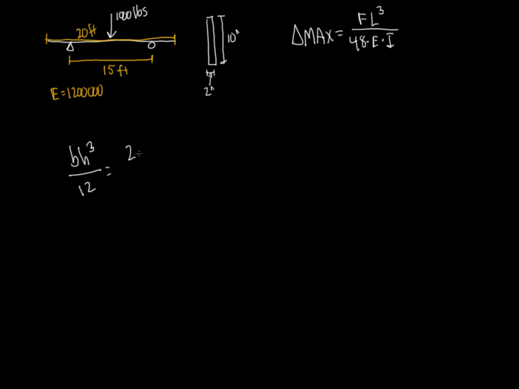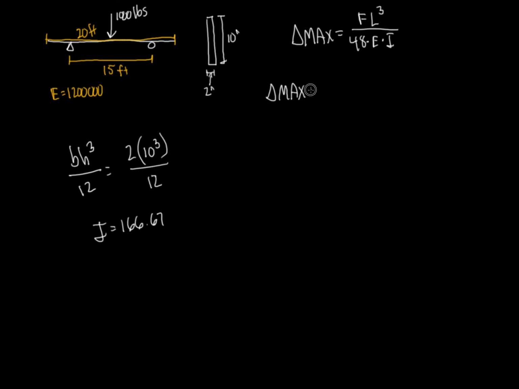So we get 2 times 10 cubed divided by 12. So 10 cubed times 2 divided by 12. And we get an I of 166.67. Awesome.